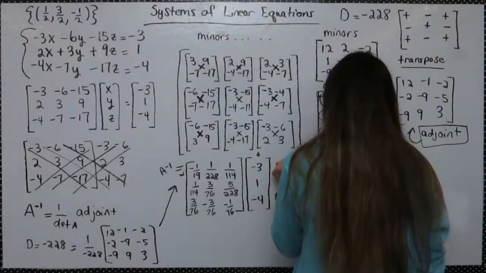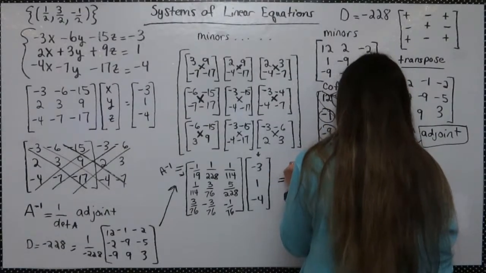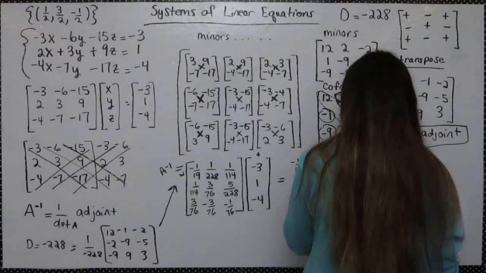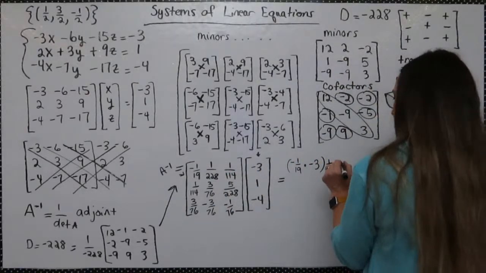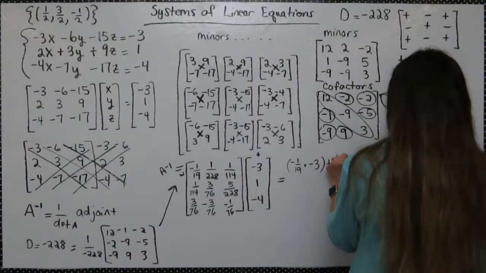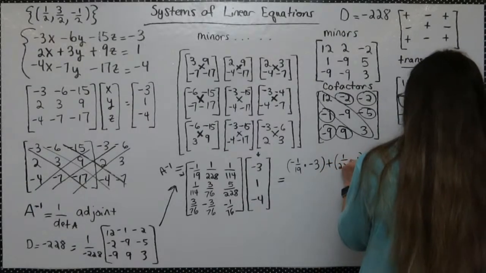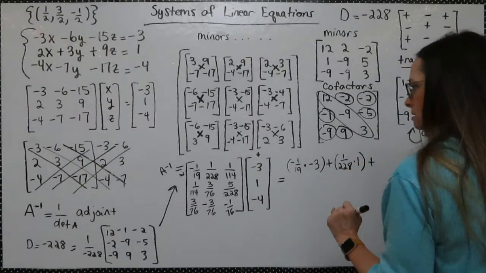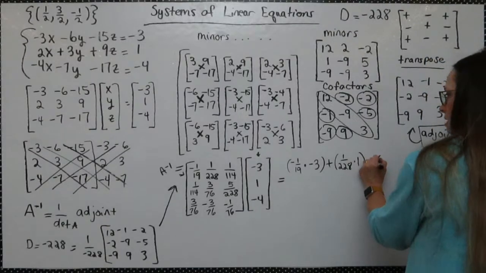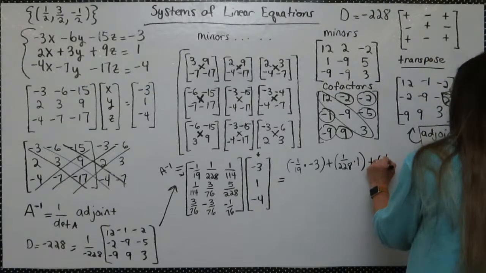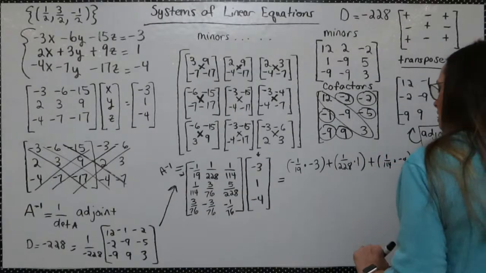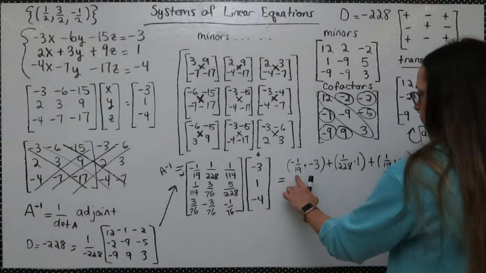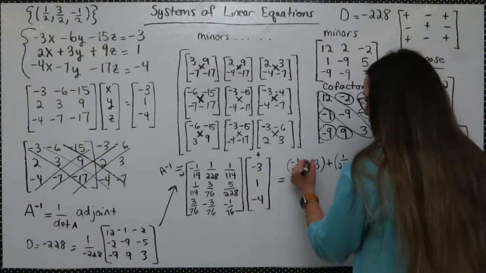So we get -1 over 19 times -3, plus 1 over 228 times 1, plus 1 over 114 times -4. And so we've got 3 over 19 positive.